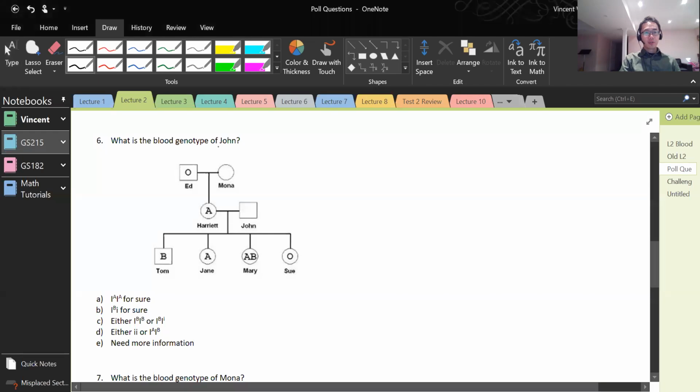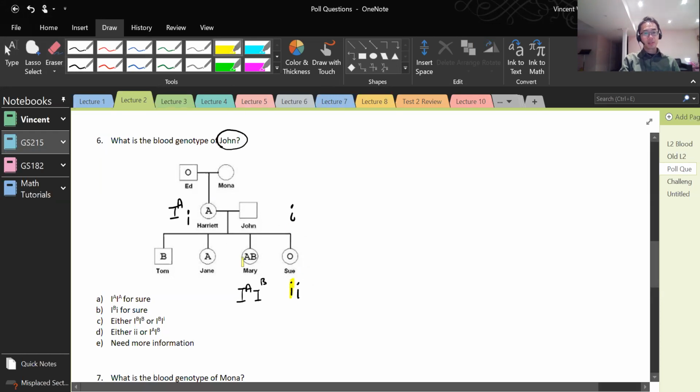Here we have to find out the genotype for John. Where's John? John is right here. Sue is small i small i. Mary is IAIB. And then we have a bunch of other people which we might or might not need to know. So let's work with this for now. Harriet is IA something. It's always good to look at the parents of someone who's type O. If Sue is type O, we know one of the small i came from Harriet and one of the small i came from John.